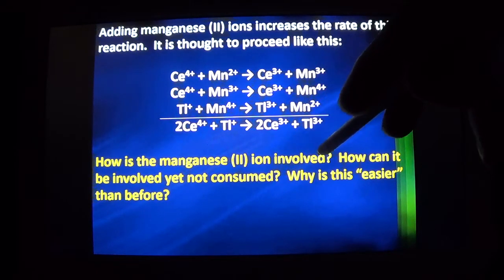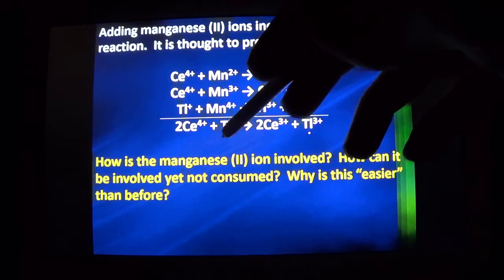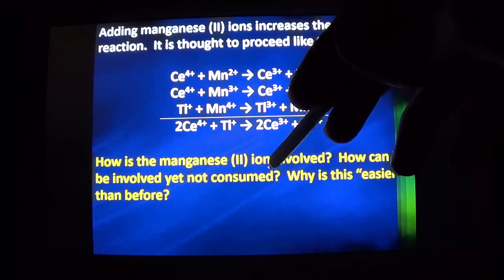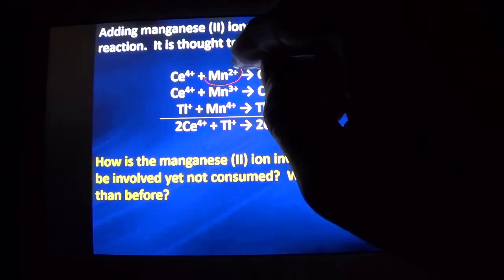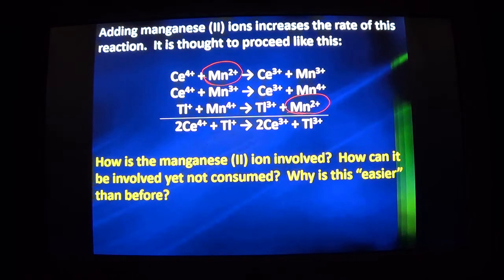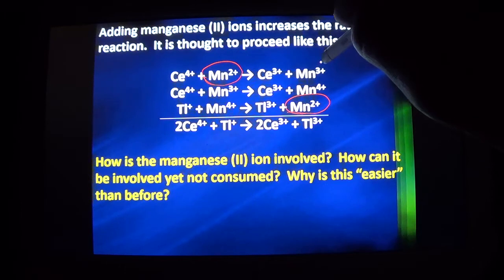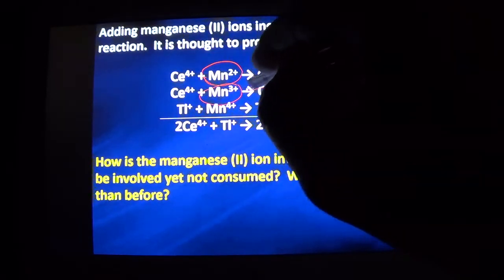The manganese ion is involved as an intermediate. Okay, how can it be involved and not yet consumed? Well, we started with manganese 2+, and we ended with manganese 2+. So that's the not consumed part. Now notice this is different than it forming an Mn3+; that's an intermediate.